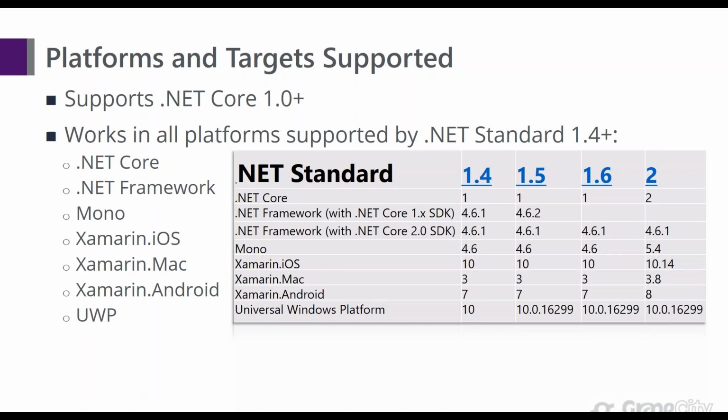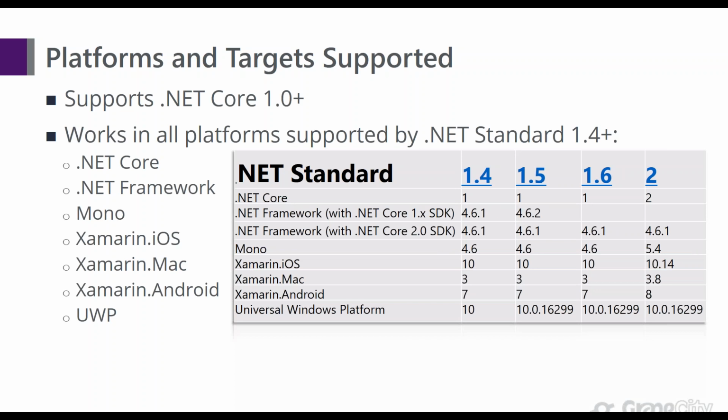Now I want to talk about the platforms and targets supported. Spread Services is built to target .NET Core 1.0, and it requires no other dependencies. So it's very flexible. It works in all platforms supported by .NET Standard 1.4 and later.